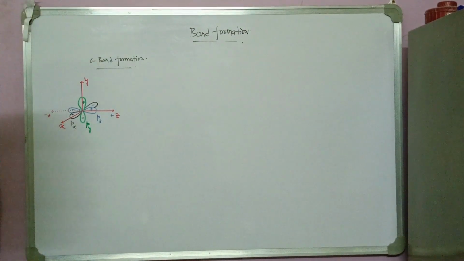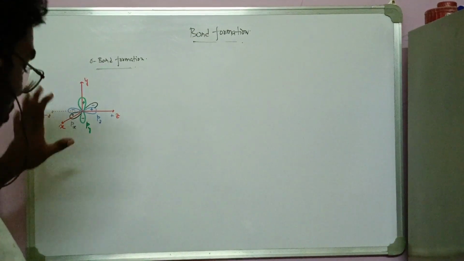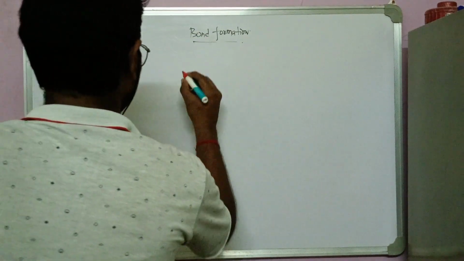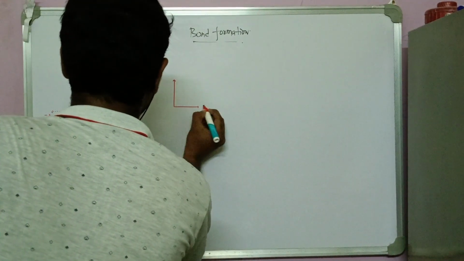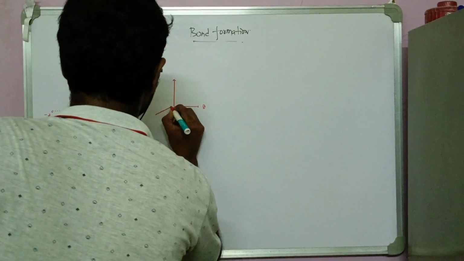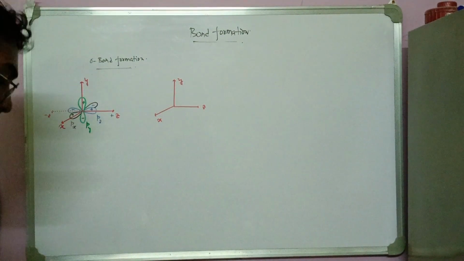Now come to the point of how the sigma bond forms. I suggest not changing the coordinates, which is why I am drawing the same coordinates: this is the z axis, this is the x axis, this is the y axis.